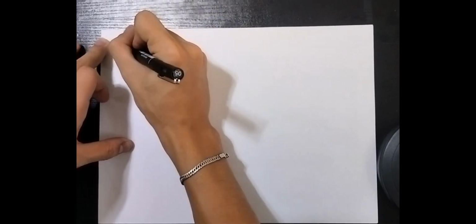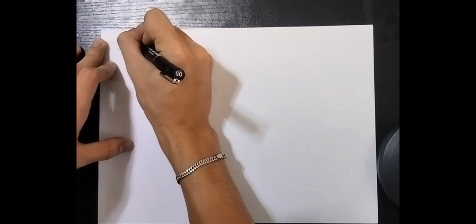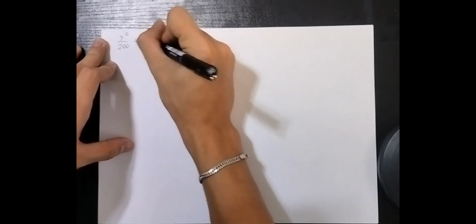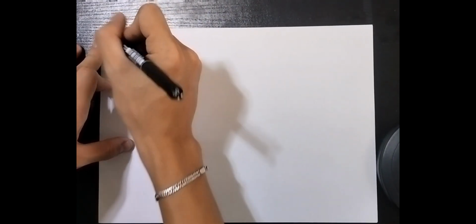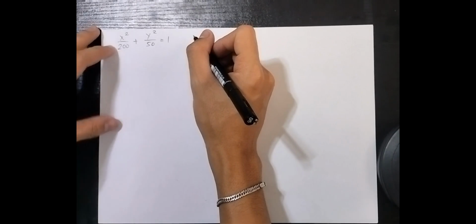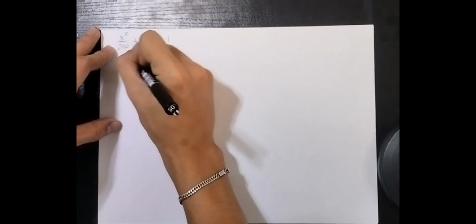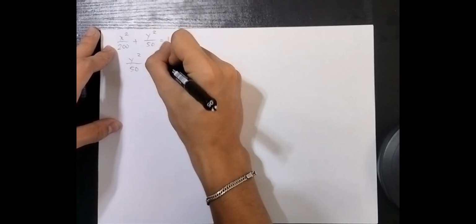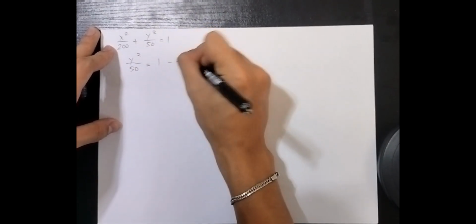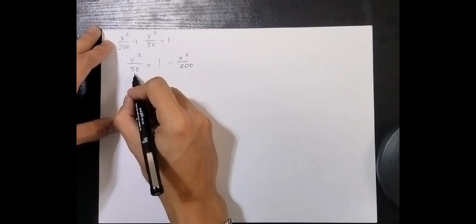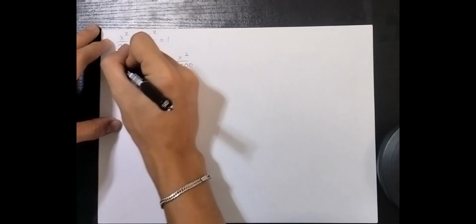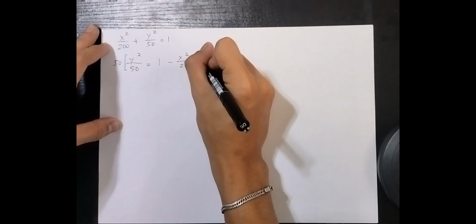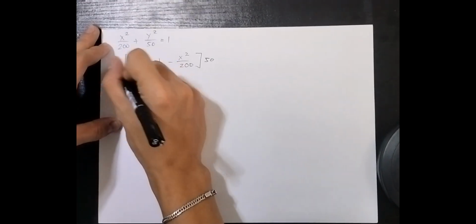Next step is to get the y value from the ellipse equation x squared over 200 plus y squared over 50 equals 1. We can transpose x squared over 200 to the right. So it will become y squared over 50 equals 1 minus x squared over 200. We can multiply both sides by 50, so 50 will be eliminated.